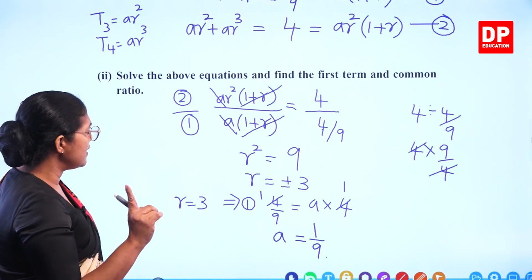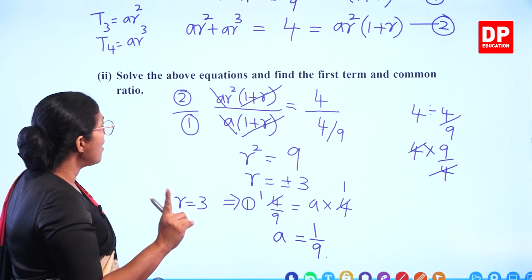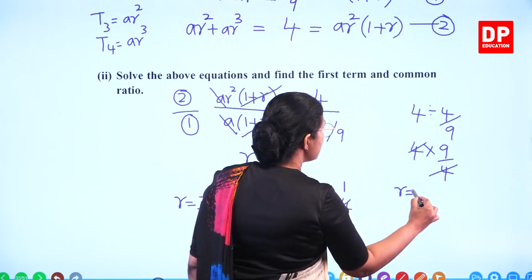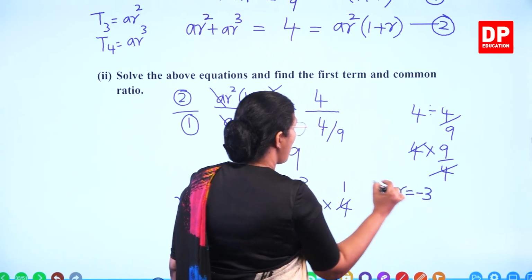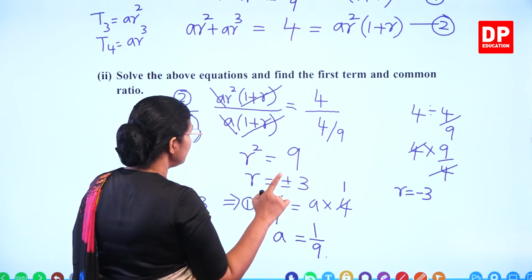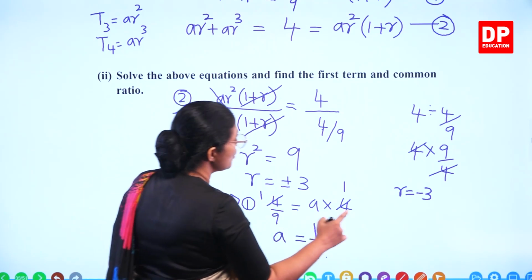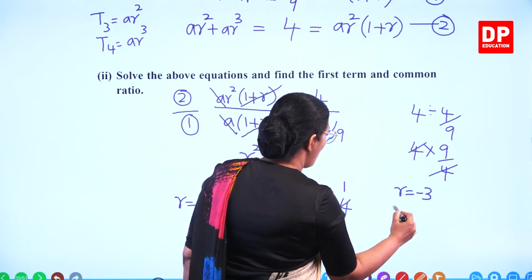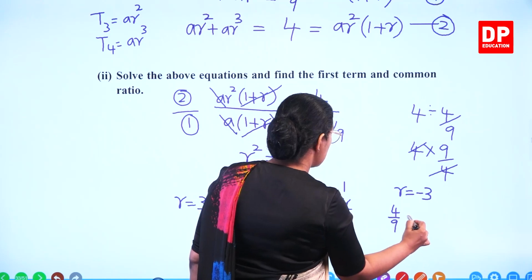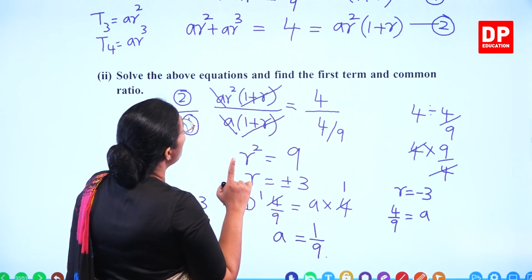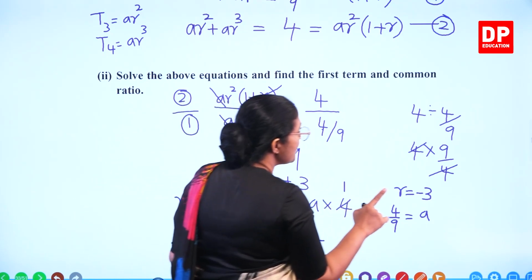So let's take the negative value and see. If R equals negative 3, what happens? You can check it whether this answer is correct or wrong. If R is negative 3, when you substitute to the first equation, that's 4 over 9 equals A, 1 plus R, 1 minus 3.